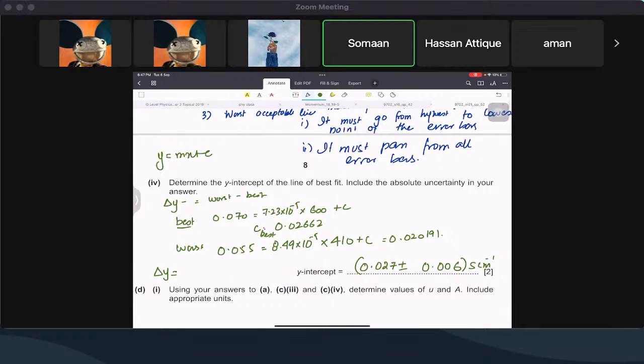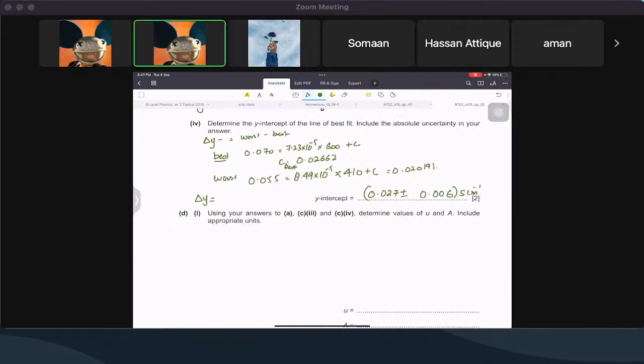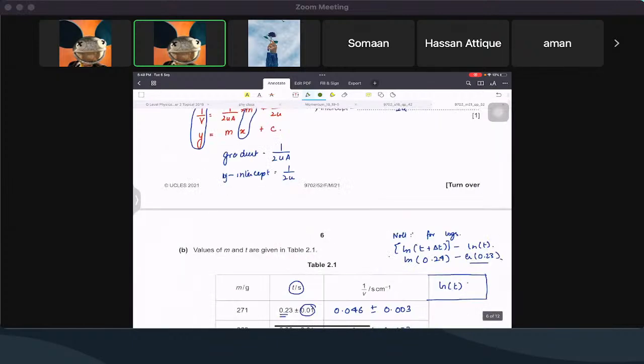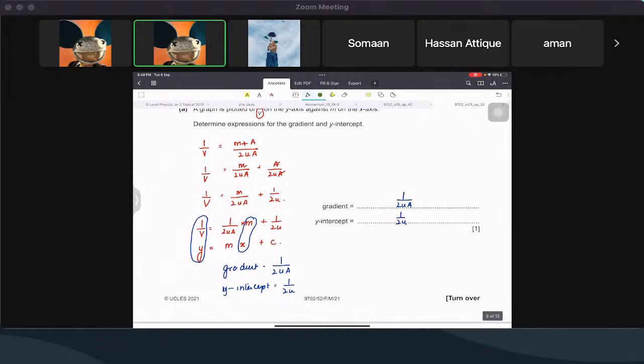Okay, उसके बाद then it's saying using your answer to A, C3 and determine the values of U and A. Now, the gradient was this one and the y-intercept was 1 upon 2u. So we're going to write again, go back.